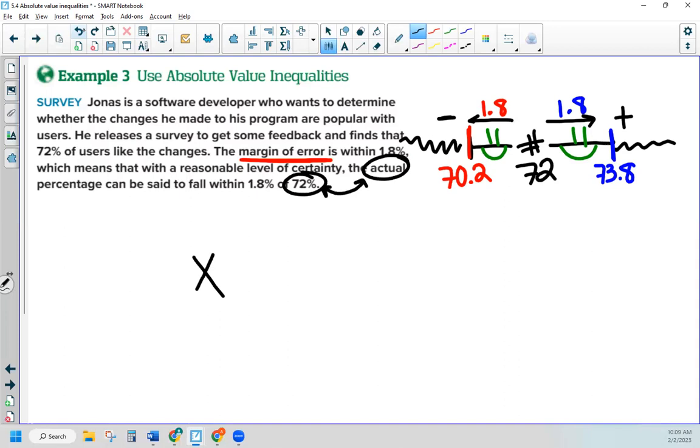So whatever actual percent he finds that people really liked or disliked his software, then we're going to find the difference. We're going to take it away from 72, because then that will tell us if that number is more than 1.8, right?